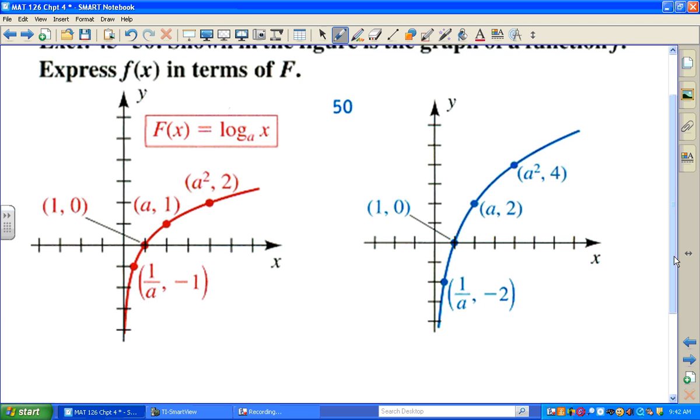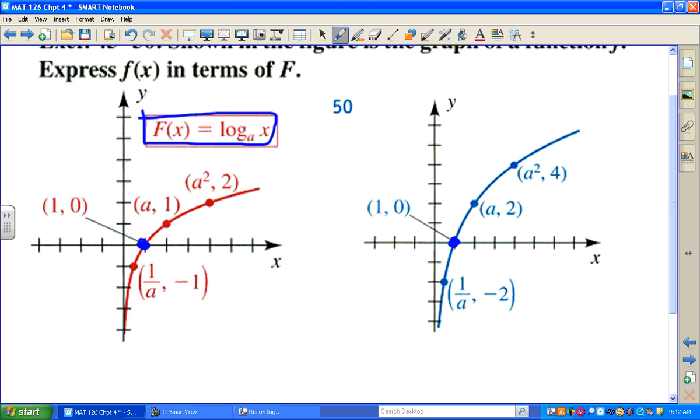It's in red. It says, this is the original problem. What has changed from the graph in red to the graph in blue? Has this changed? No. That means nothing's been moved up or down, left or right.